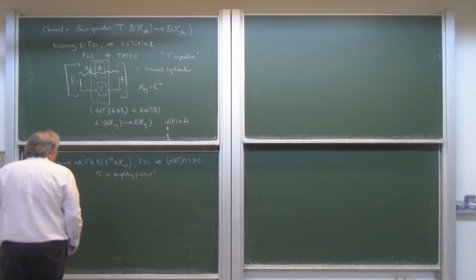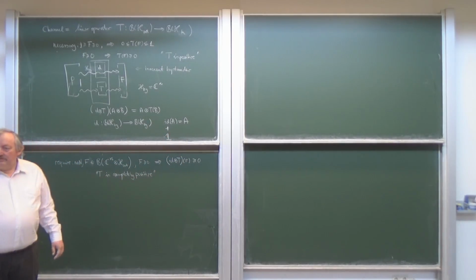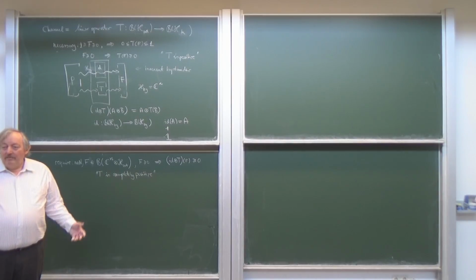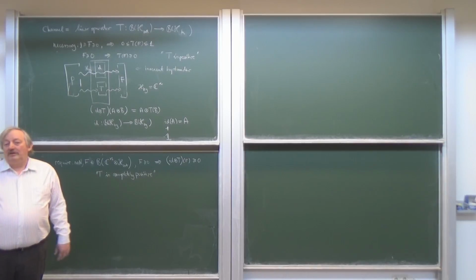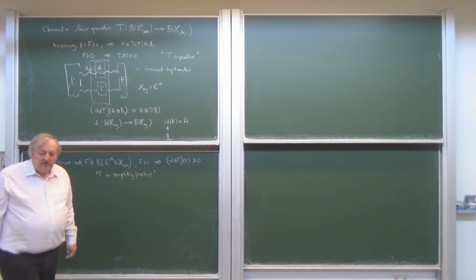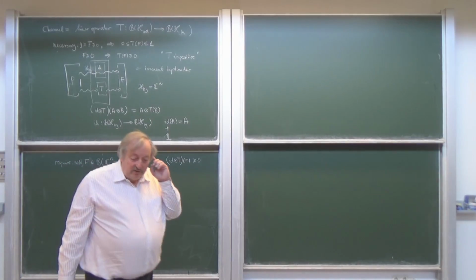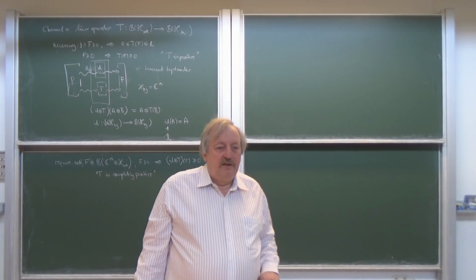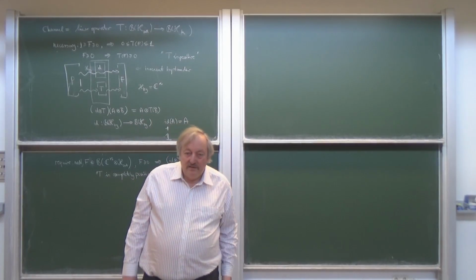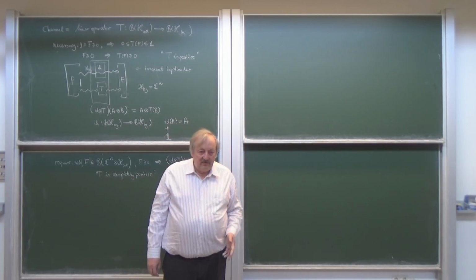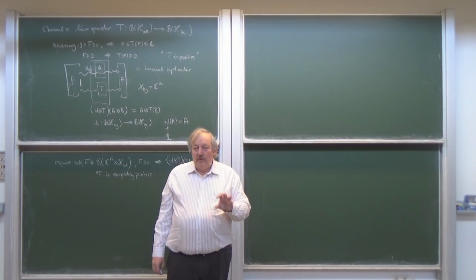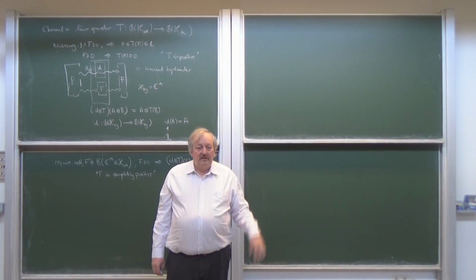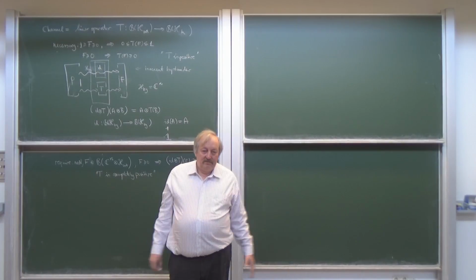Okay, so why the fuss? Why am I making such a big fuss about this? Because it's not automatically true. So I have to give you an example now of such an operation, which is positive. That is, it takes positive matrices to positive matrices. But when I tensor with an identity, it loses that property.